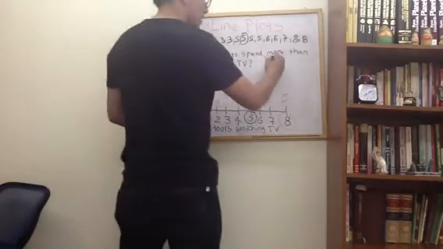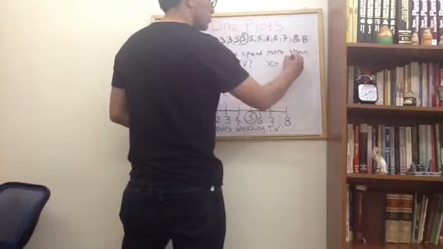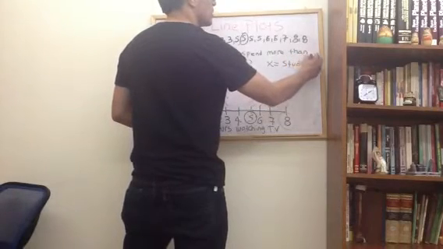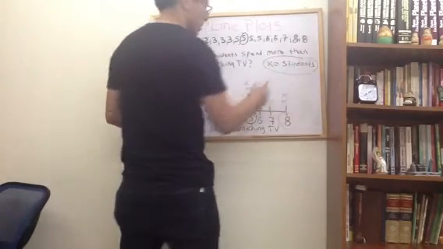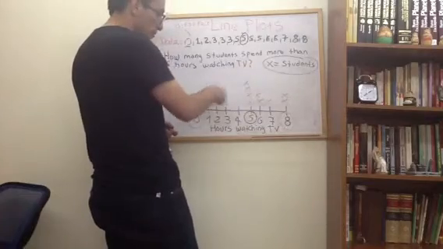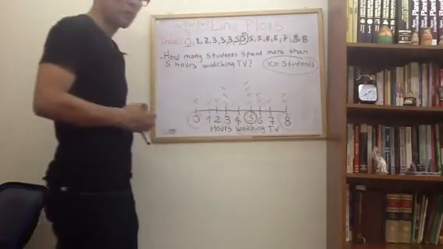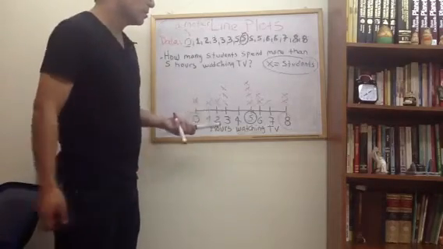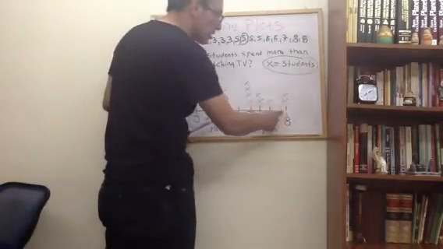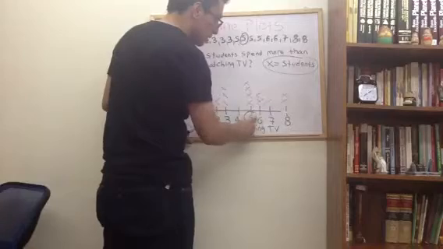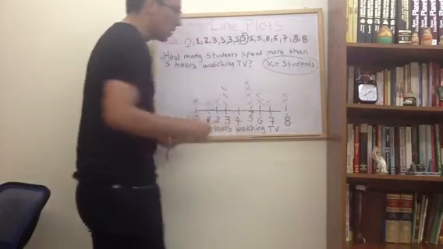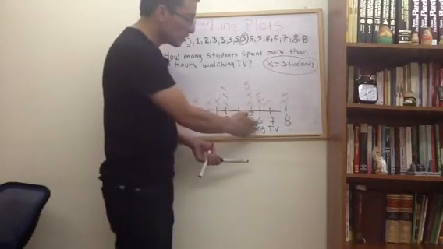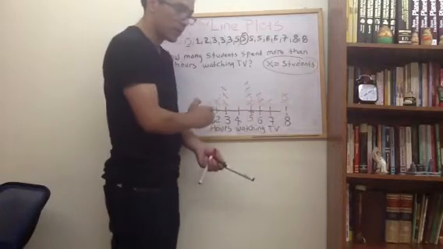Remember, the x's are equal to the students. All these x's that you see on the graph are the students in this case. So the question is asking how many students watch more than 5 hours.